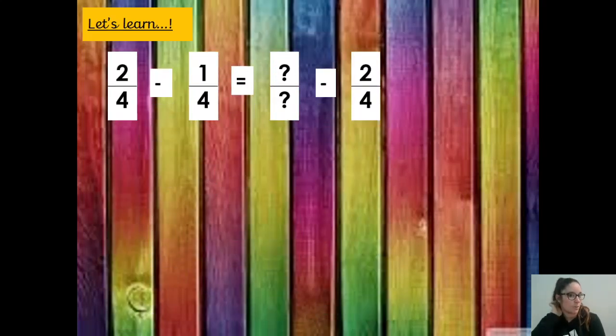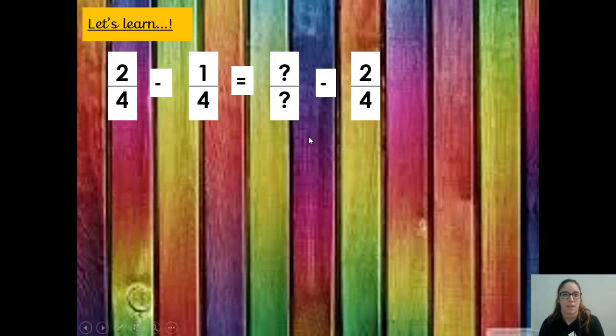Okay, let's try this one with subtracting this time. So we have got 2/4 take away 1/4 equals something take away 2/4. Now we know that 2/4 take away 1/4 is 1/4. But we now need to find out what this box is.